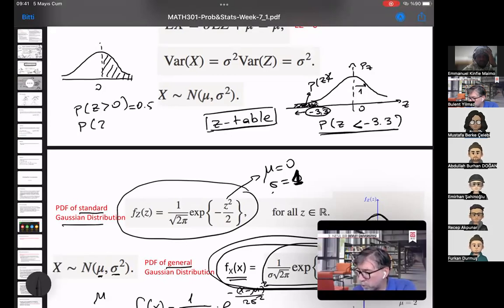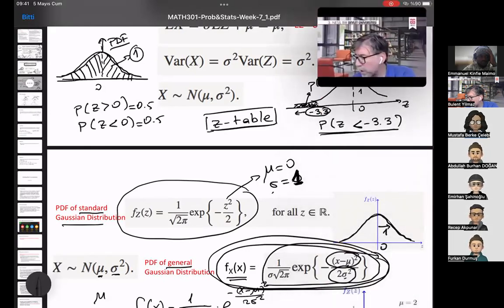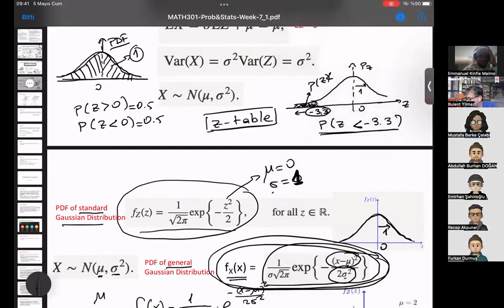The probability of Z being less than 0 is again 0.5. The area under this curve is 1 because it's a PDF. That's the rule for PDFs: the area under the curve is always 1.